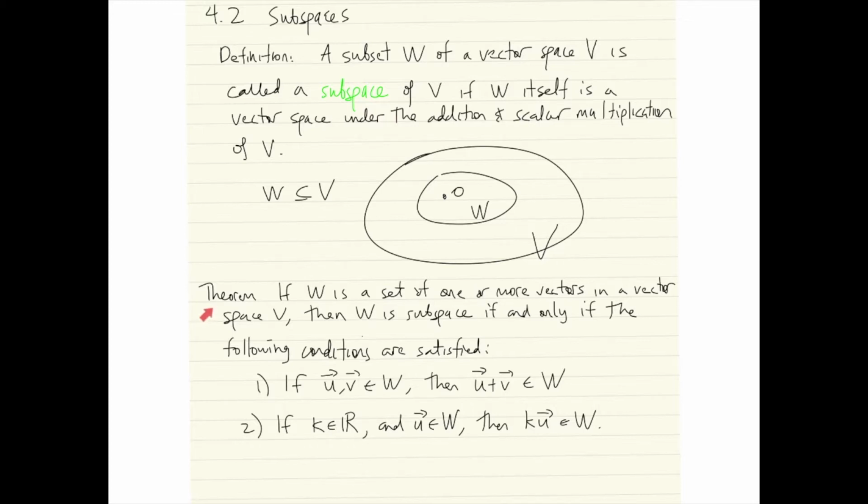A small, simple theorem is that if W is a set of one or more vectors in a vector space V, then W is a subspace of V if and only if the following conditions are satisfied.